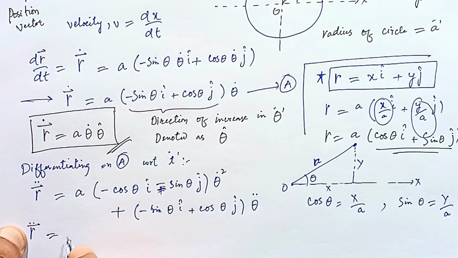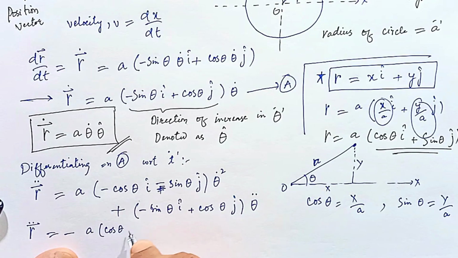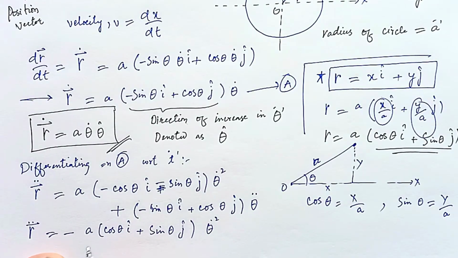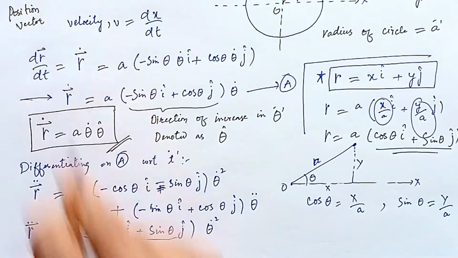R double dot will be equal to minus a times cosine of theta i plus sine theta j, times theta dot square. This is r, the position vector itself.